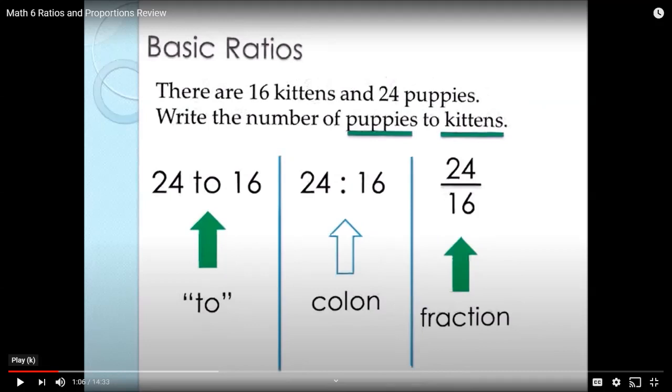Write the number of puppies to the kittens. So if we have 16 kittens to 24 puppies, we could use the fraction part, and if we divide the 16 and the 24 as a fraction, or you can use 16 to 24, the basic ratio.